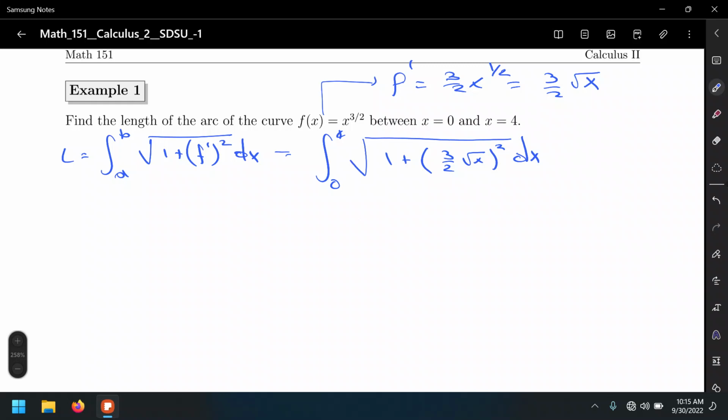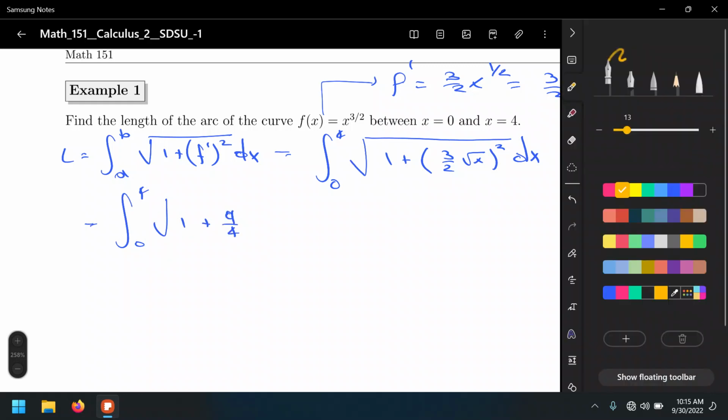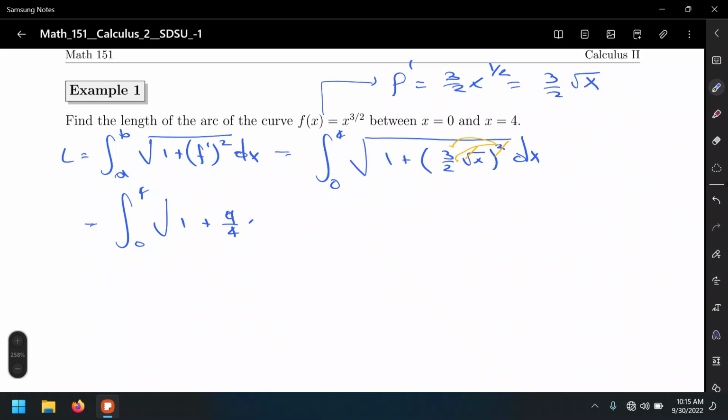So the integral from 0 to 4 of the square root of 1 plus 9 over 4. It also cancels the radical, because square and square root are inverse operations, and that's just x with respect to x. And this is the integral that we have to compute to find the arc length of this function between 0 and 4.